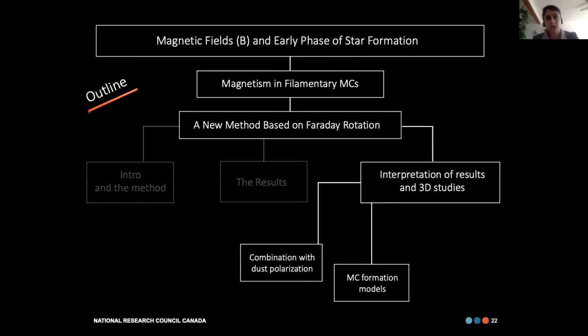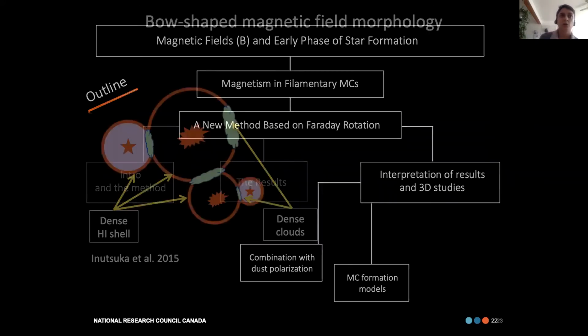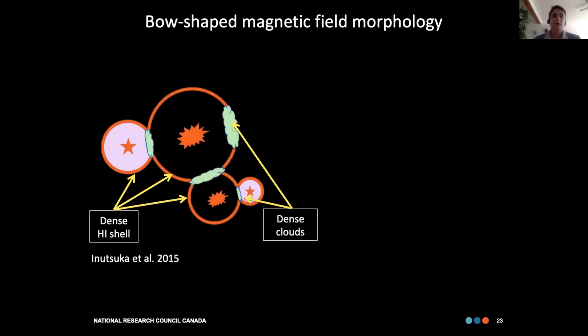So we decided to expand this further to more regions, not only Orion-A, and look into other models, specifically models that explain filamentary structure formation. The model by Inutsuka et al. 2015 considers a multi-compression scenario for the formation of filaments within dense clouds.